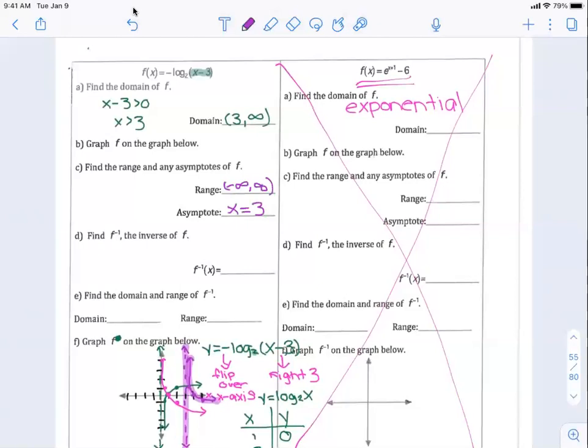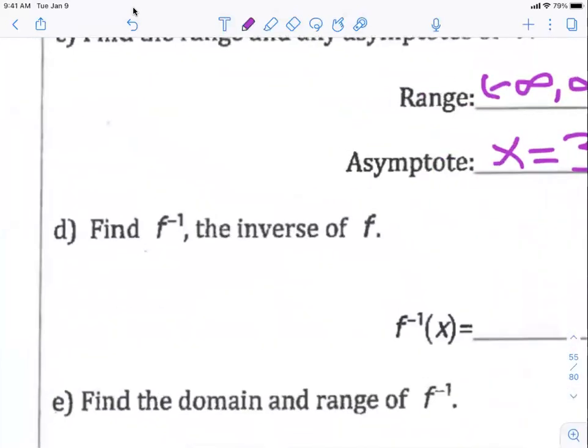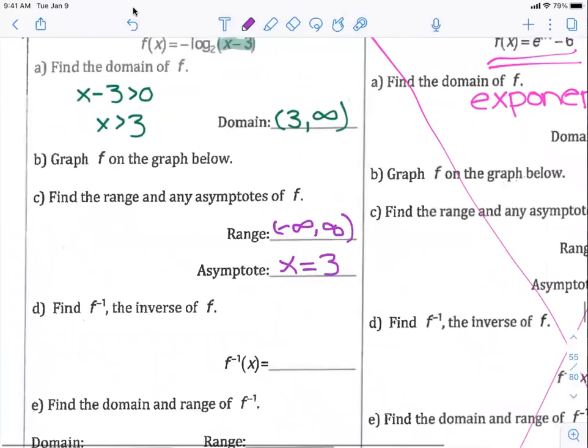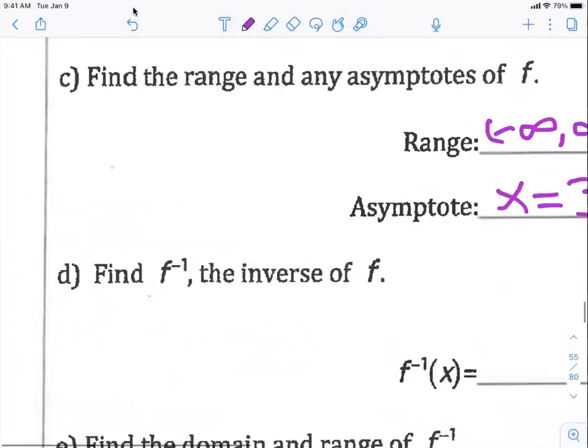Find the inverse. So we're going to go ahead and find the inverse now. So again, switch your x and y. So I'm going to go ahead and say x equals negative log base 2 of y minus 3.